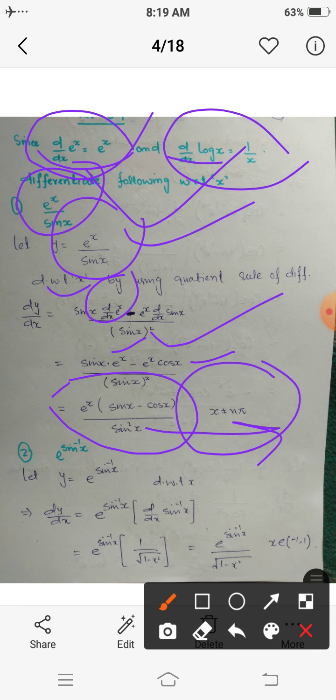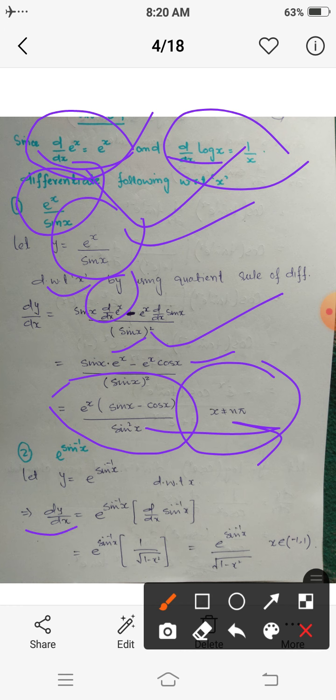Similarly, if we have the function e raised to power sin inverse x, here we are going to use the chain rule of differentiation, because this function is a composition of two functions, one e raised to power x, second sin inverse x. So by differentiating, it is dy by dx.